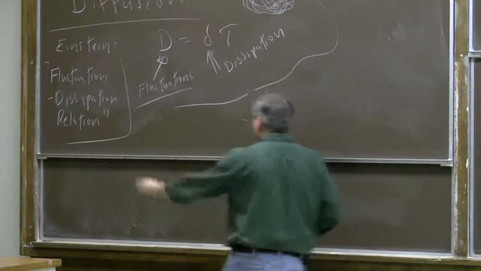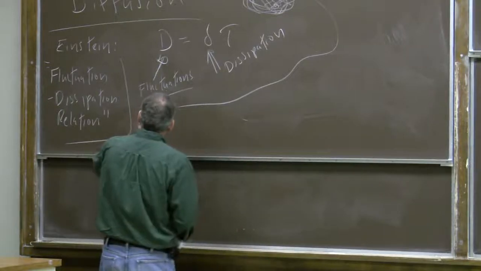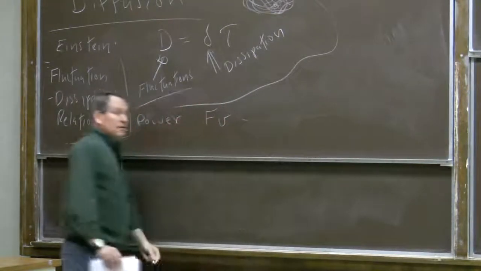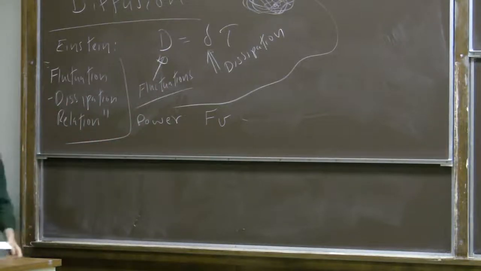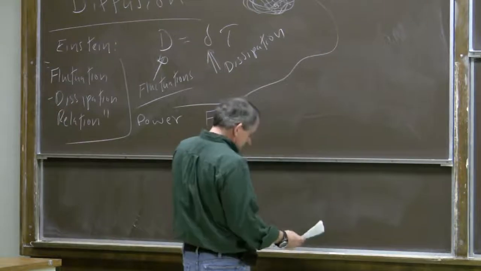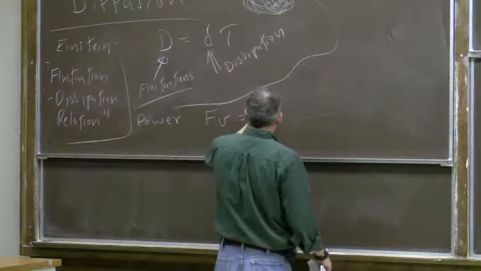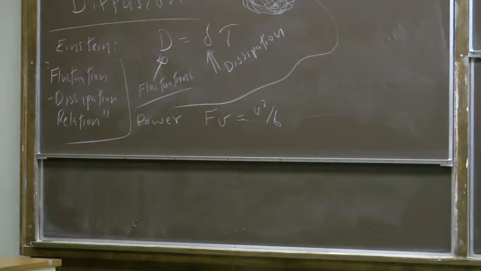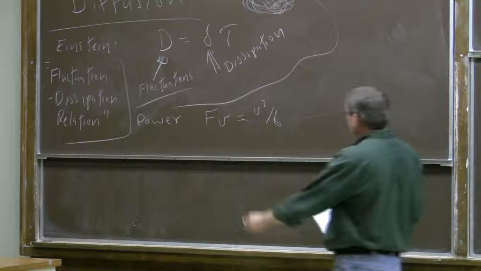In other words, the power for the particle that's shaking around is like a force times the speed, and if you think of the speed as being the terminal velocity, v squared divided by the mobility, according to the definition of mobility.